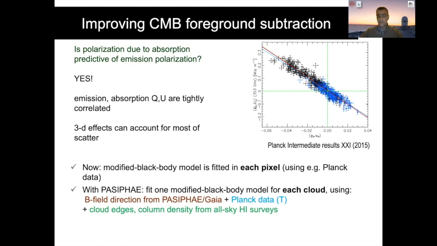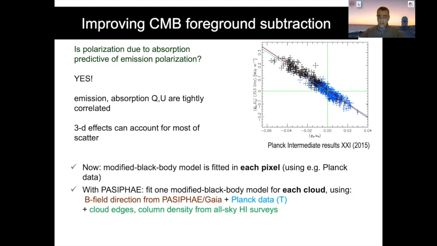What happens right now in the map and subtract scheme is that a modified blackbody model for dust emission is fitted per pixel based on high frequency data and extrapolated to lower frequency data. We can instead fit a fancier model where a modified blackbody model is fitted per cloud, using HI maps to find the edges of the clouds and scale their emissivities, and the magnetic field direction in each cloud, as measured by PASIPHAE, to set the relative values of Q and U that give you the polarization angle in each cloud.